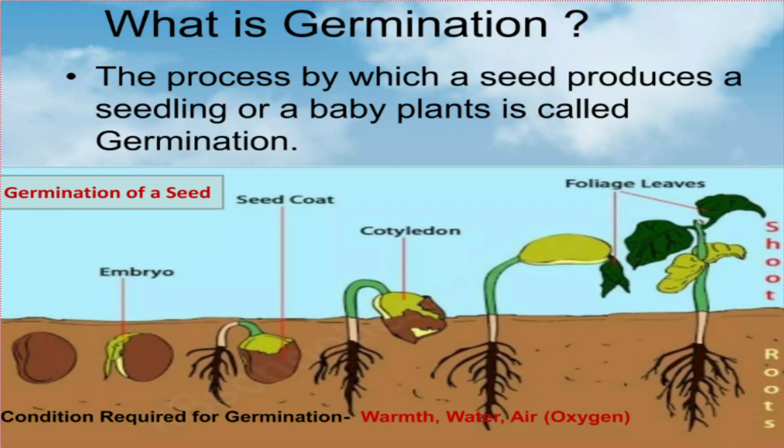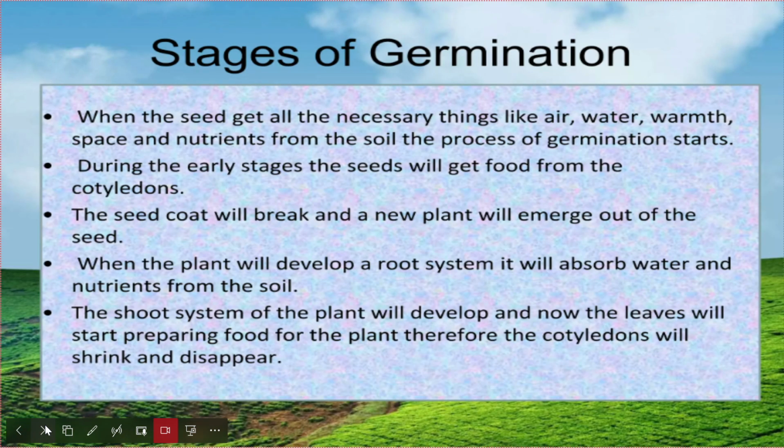With the food in the cotyledons, it lives in the seed till it's the right time to sprout. The cotyledon is the food. The process when this embryo grows into a seedling is called germination.